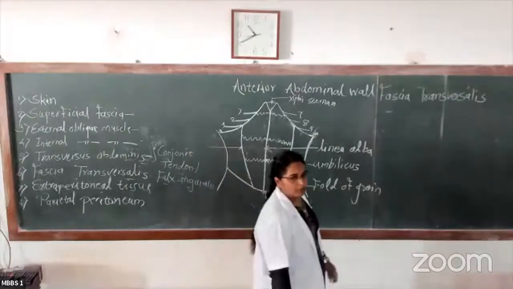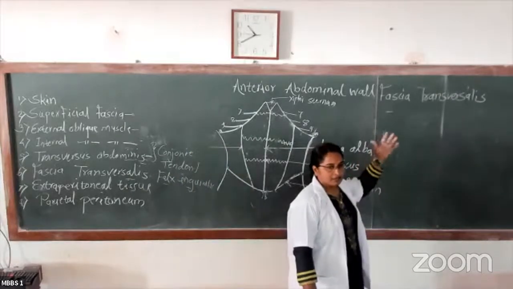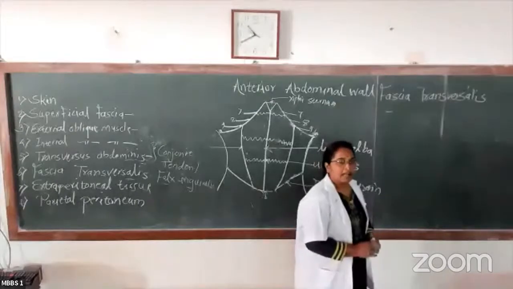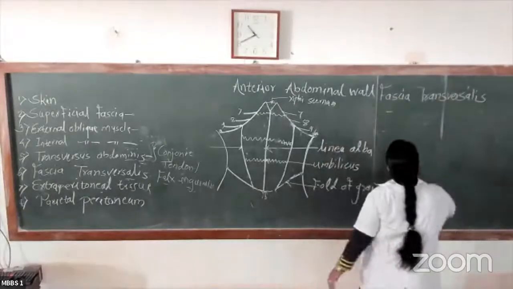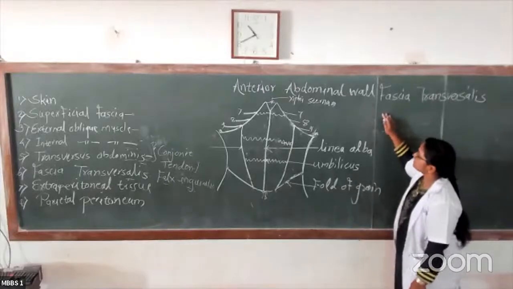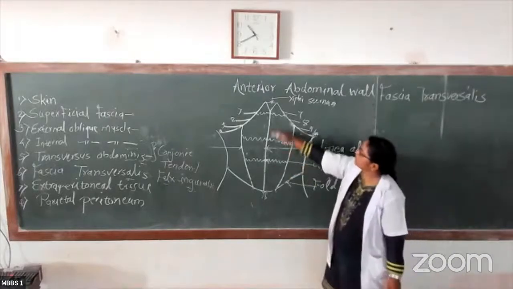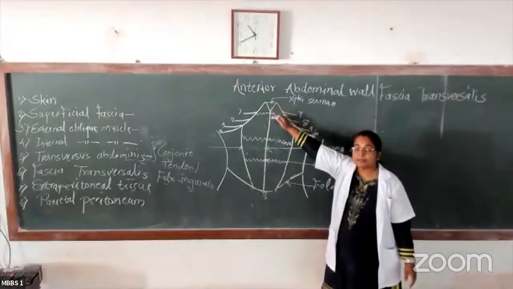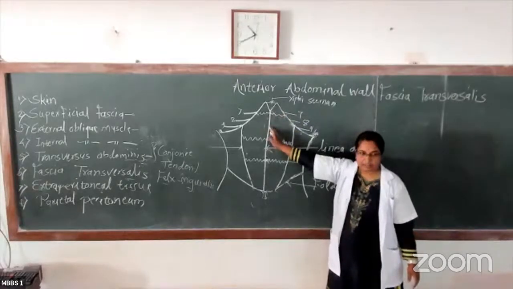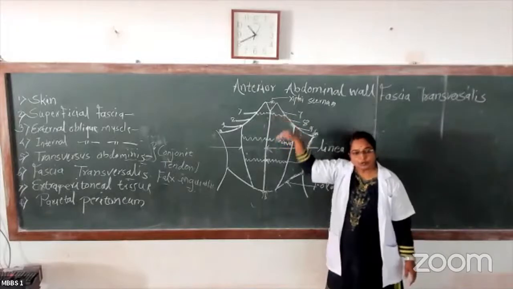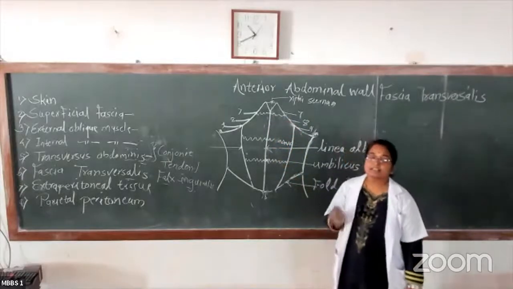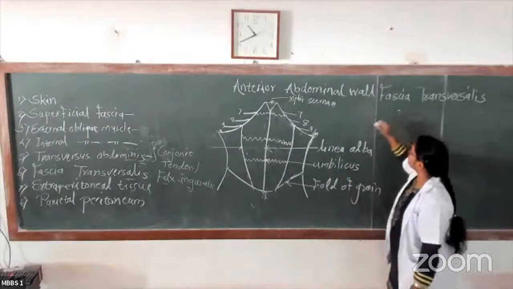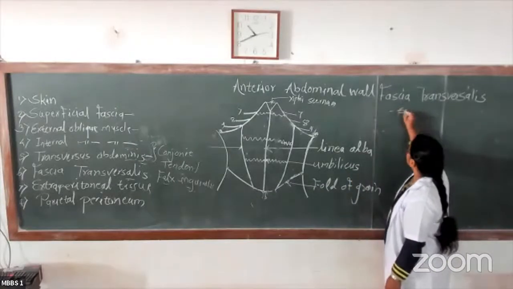It is an areolar membrane which covers or lines the inner surface of transversus abdominis. Above, it becomes continuous with the subdiaphragmatic fascia, that fascia which is present below the diaphragm.